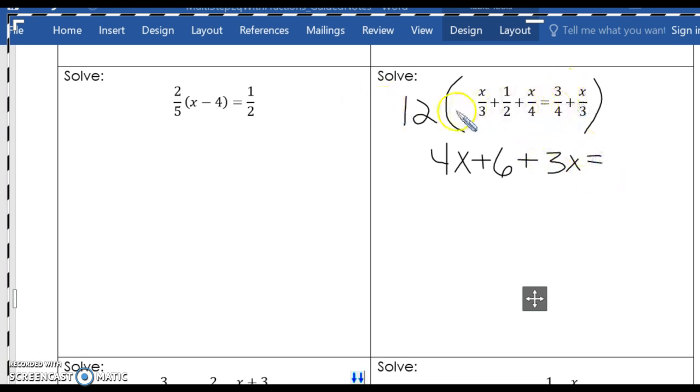And 3/4 times 12 is 36/4, and 36 divided by 4 is 9. And 12x divided by 3 is 4x.